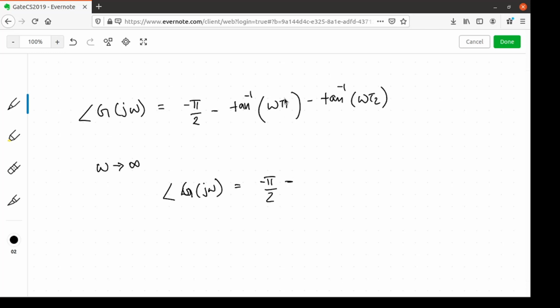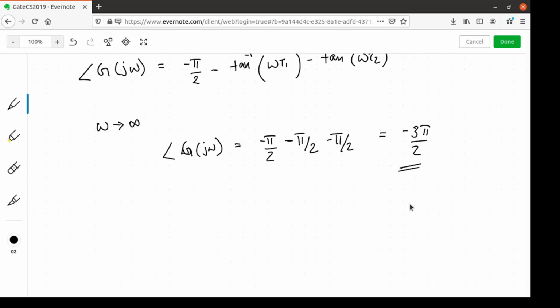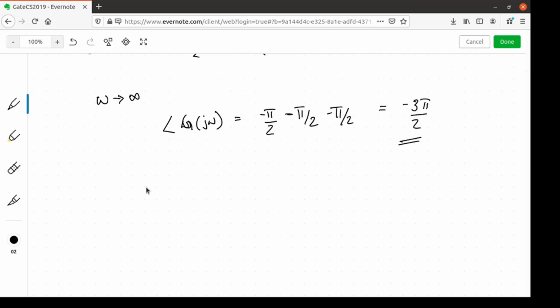As omega tends to infinity, the tan inverse will tend to pi by 2, so it will be minus pi by 2. Same for this case, so there will be minus pi by 2 again. So that will be equal to minus 3 pi by 2. So statement 2 is in fact true.